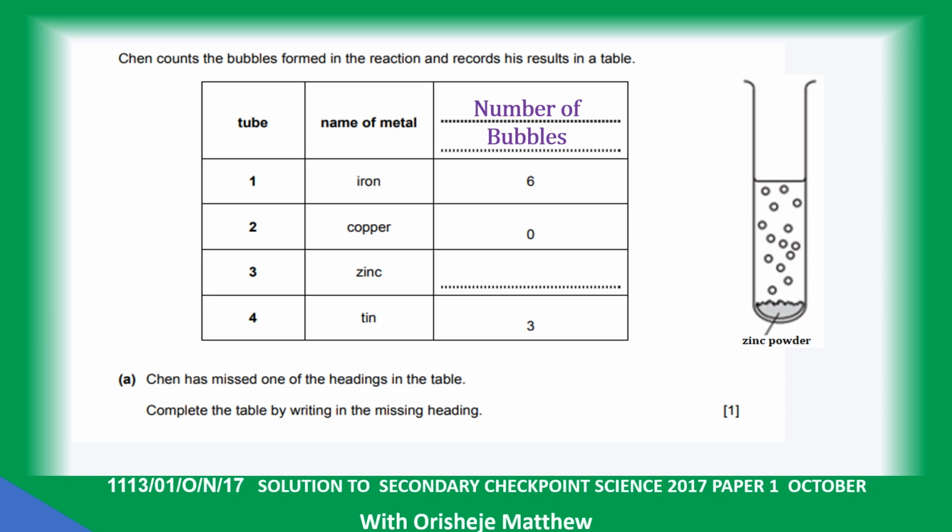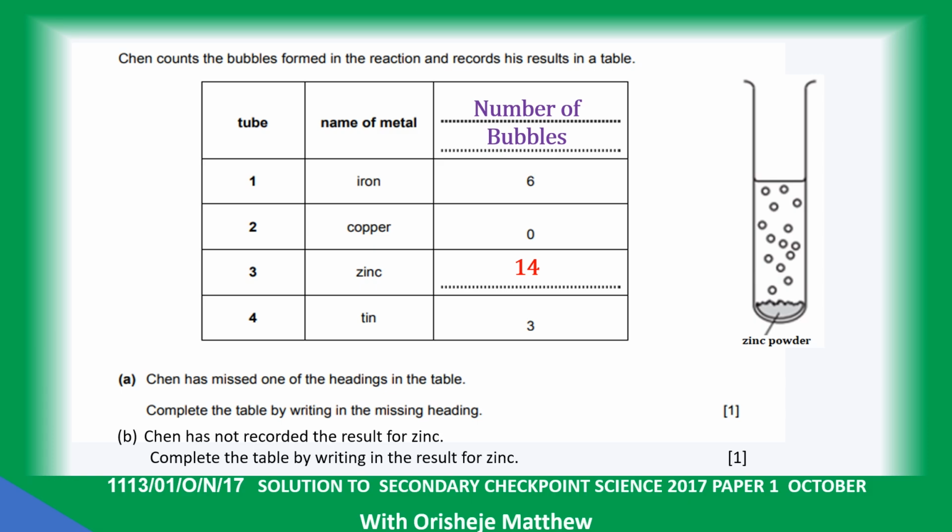Then, if we count this number of bubbles, we can now know how many bubbles zinc produces. If you count the bubbles here, that will give you 14. Shen has not recorded the result for zinc. Complete it.